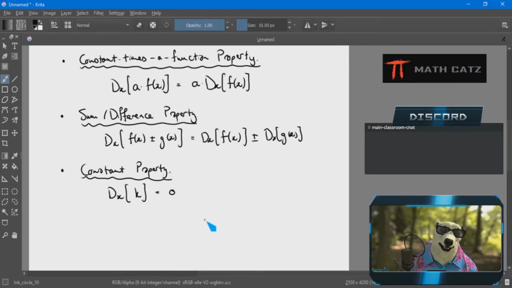But if I can't call upon a property to justify how I get the derivative, I have to use the limit definition. So it's one or the other. You use the limit definition if the question specifically asks you to. Otherwise, I want to get around it because it's a lot of work. It's messy.